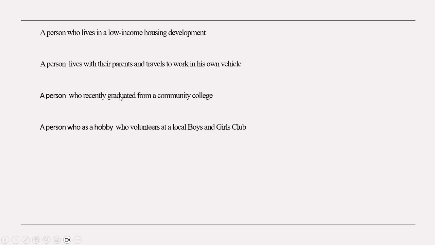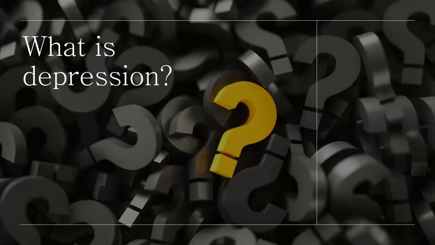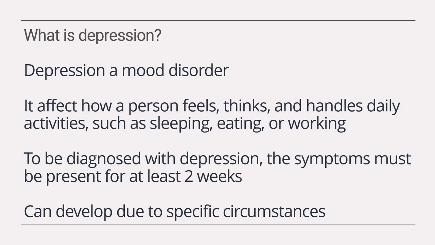This person has graduated from a community college, so their income might not be low. And this person has a support system. So these two have support systems. So it's between this person that has just graduated and the person that's living in that low income housing development. That person is going to be more at risk. Okay.